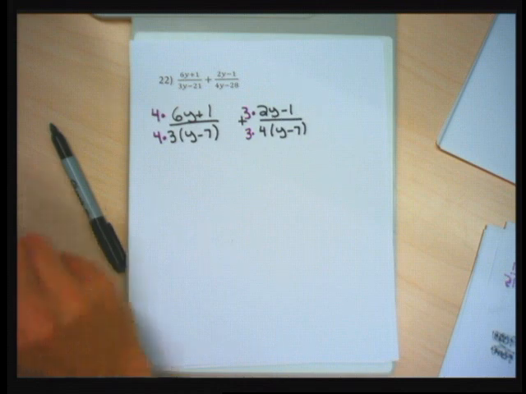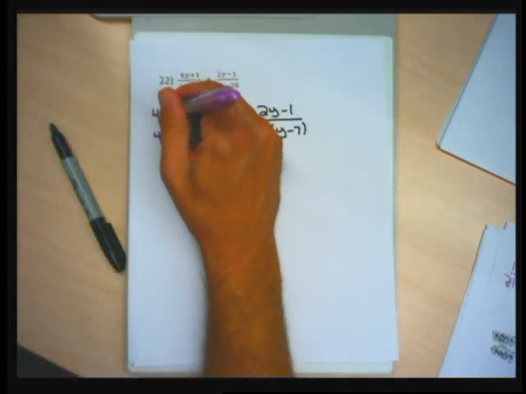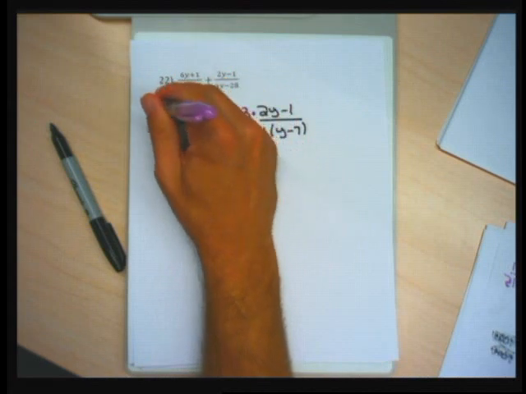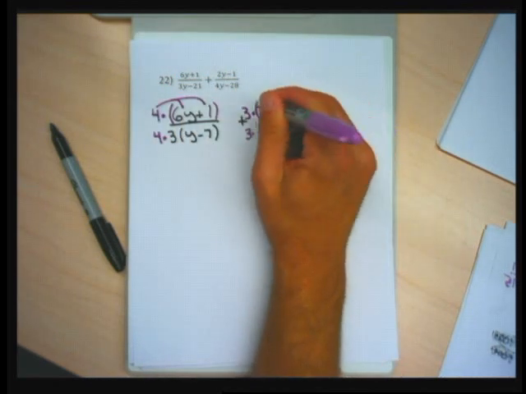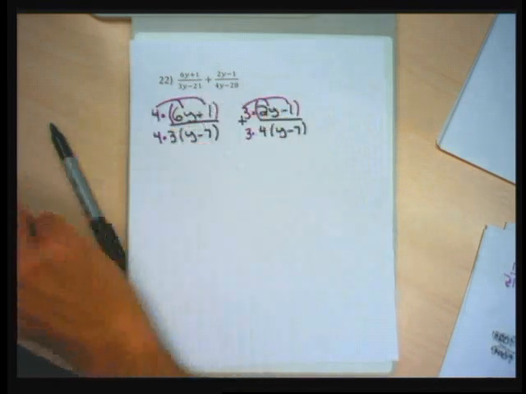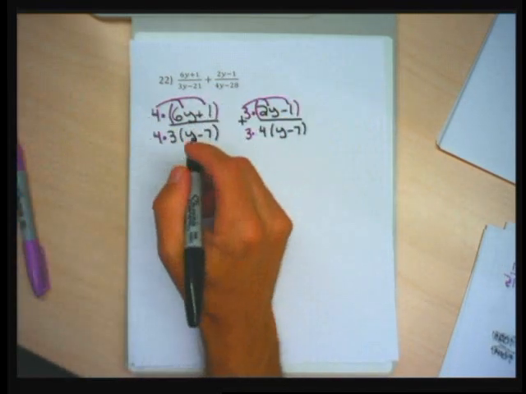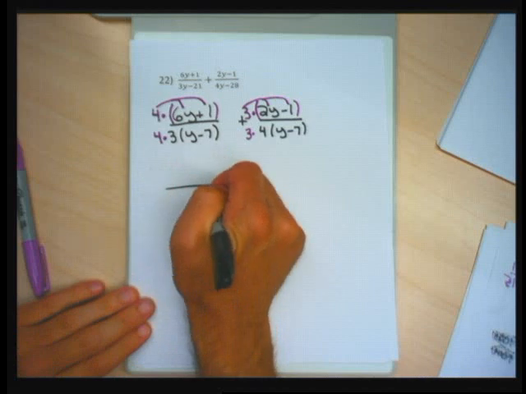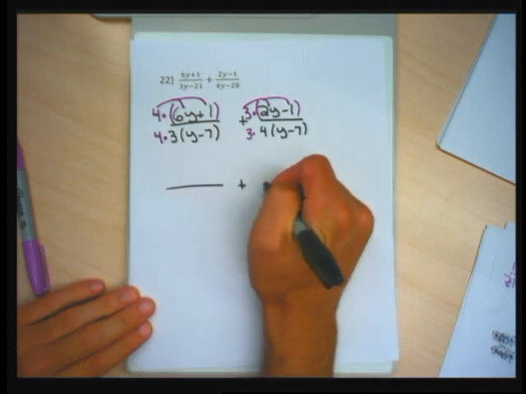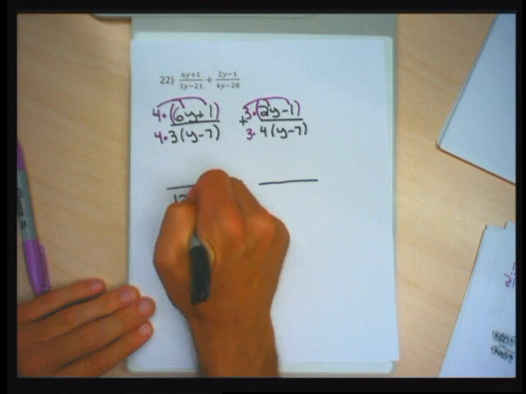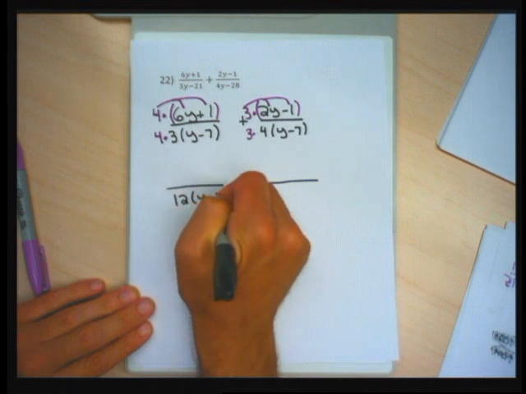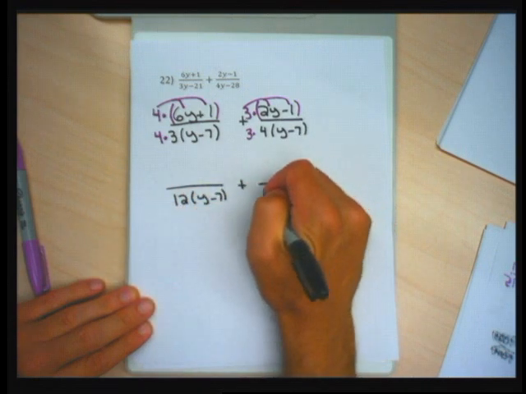When I simplify the numerator, that 4, I have to pretend like there's a parentheses here and multiply it by both the 6y and the 1. And the 3 I have to multiply by the 2y and the 1. So I'm going to multiply out the numerators, but usually we don't the denominators. When we're adding or subtracting fractions, it's common to leave the denominators factored, but to multiply out the numerators.